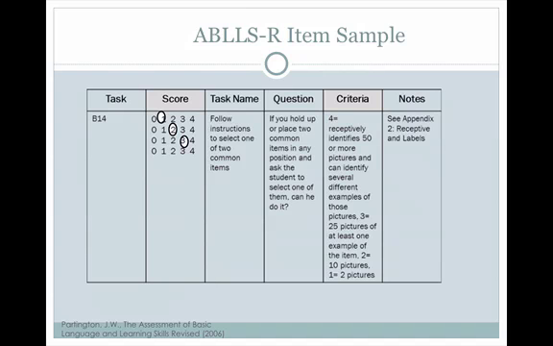A 1 would be given for a learner who can do this with 2 pictures, a 2 for a learner that can do it with 10 pictures, a 3 for a learner that could do it with 25 pictures of at least one example of an item, and a 4, the highest rating, would be reserved for those learners who can do it with 50 or more pictures and can identify several different examples of those.